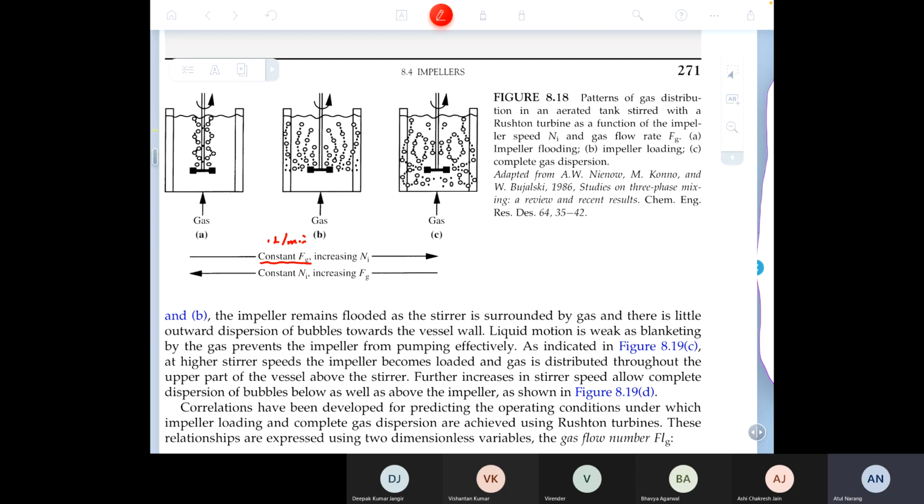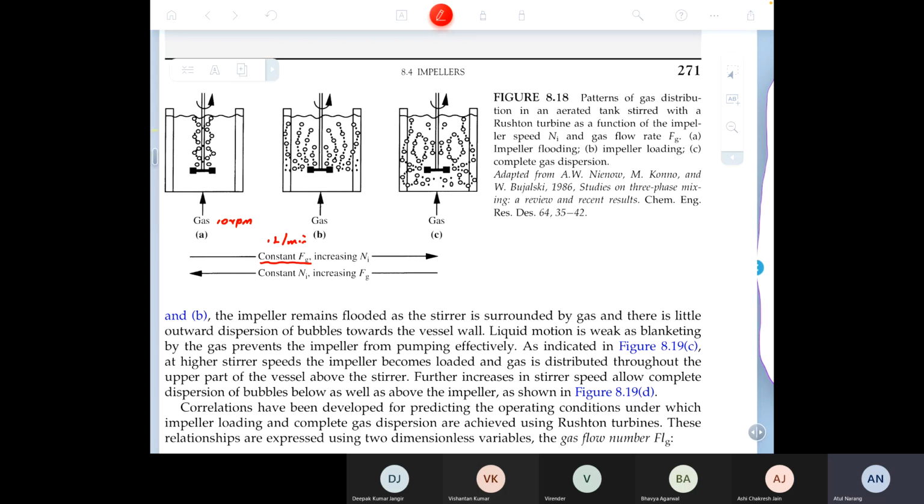And this is an experiment that you're performing, and you're progressively increasing the RPM. So let's say you start with a really, really low RPM. Let's say you start off over here with like 10 RPM. And your gas flow rate is, let's say, 1 liter per minute.